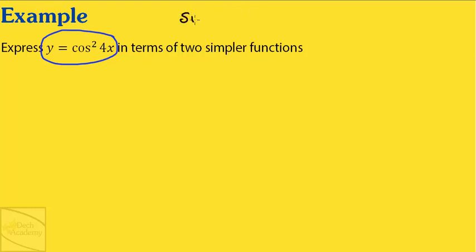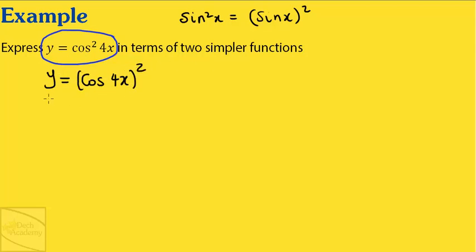It's important to note that sine squared x is the same thing as (sine x) squared, and cos squared x is the same thing as (cos x) squared. So y equals cos squared 4x is the same thing as y equals (cos 4x) all squared. So I'm going to let u equal cos 4x, so that y is equal to u squared.